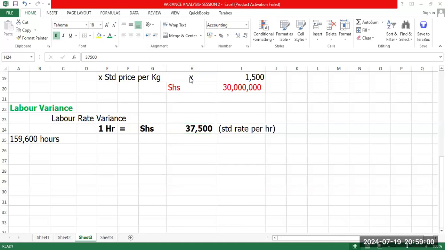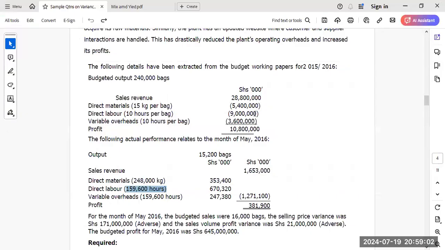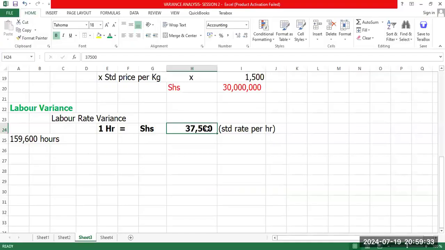Get this figure. Divide by 240. The answer you get will be direct labor cost per bag. But we need direct labor cost per hour. So the answer you have, go ahead and again divide by 10. What do you have? It's 3,750.